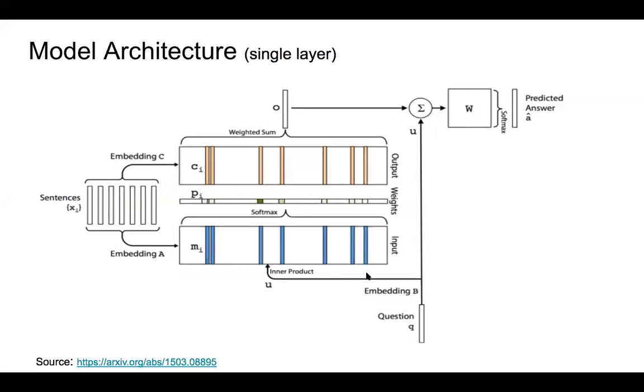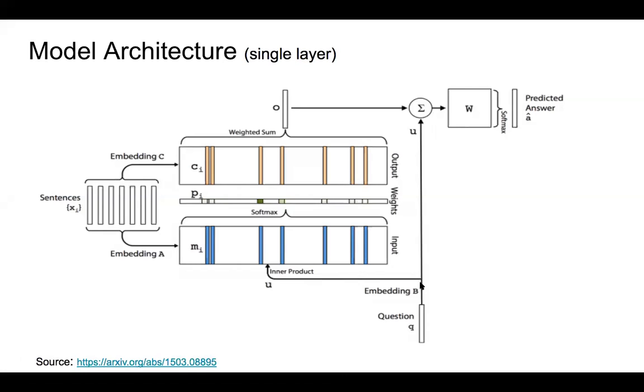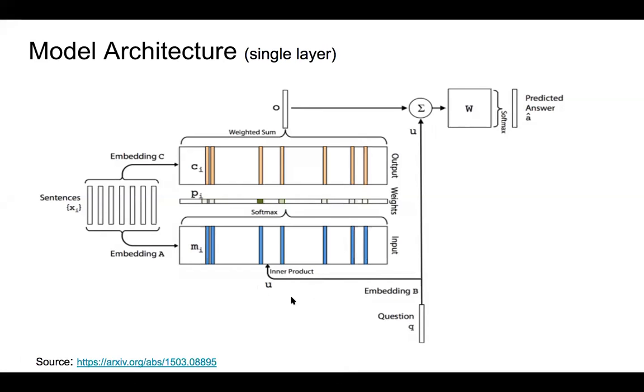And then you also have the query vector coming in. For a language model, because the query is always going to be the same, you need not have any embedding matrix B, because you can always feed in a constant array. This is just like the initial hidden state that you pass to your RNNs.